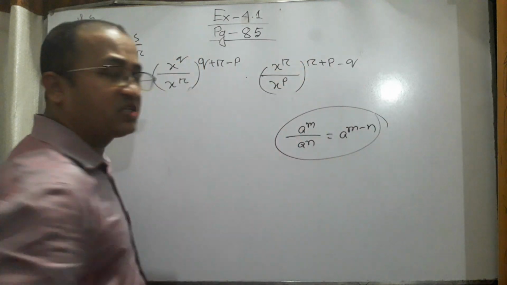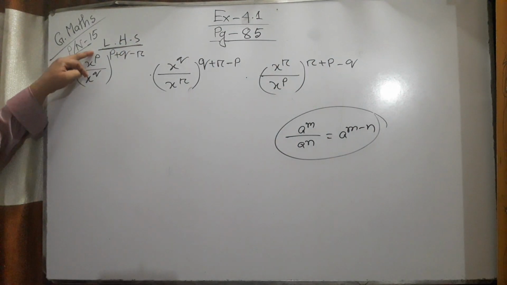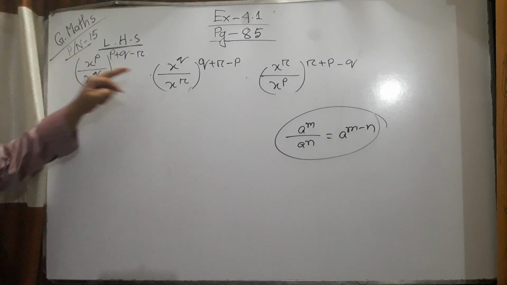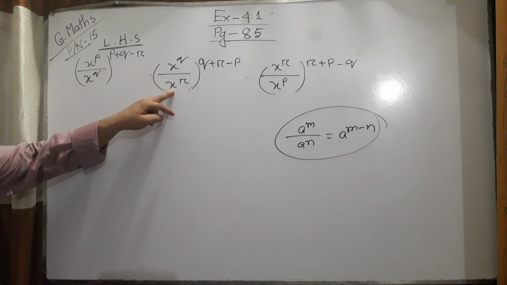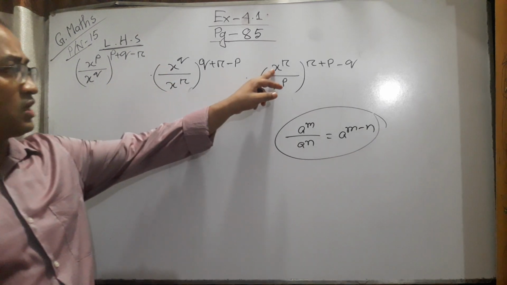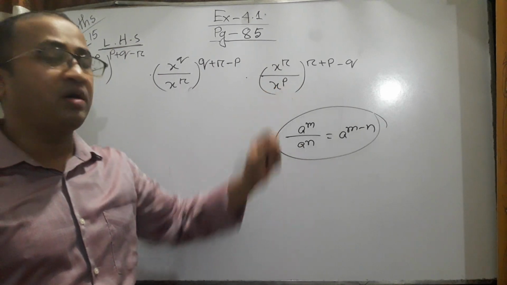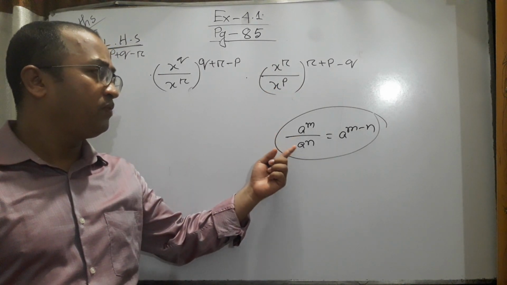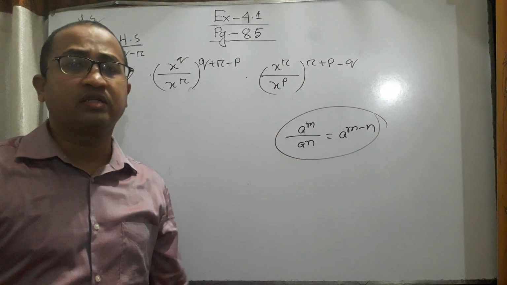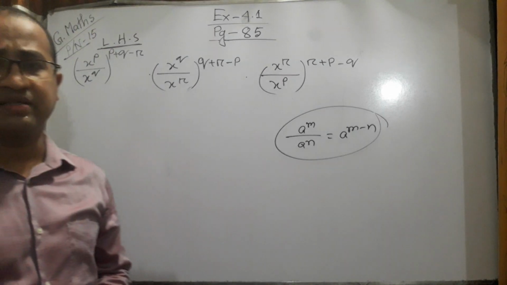That is the division law. X to the power p by x to the power q, x to the power q by x to the power r, x to the power r by x to the power p. So we will follow this law on these 3 cases.